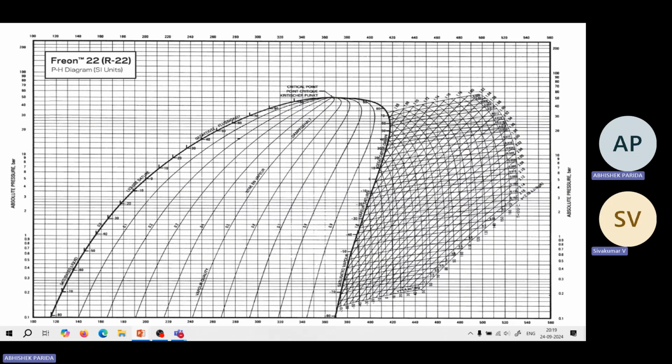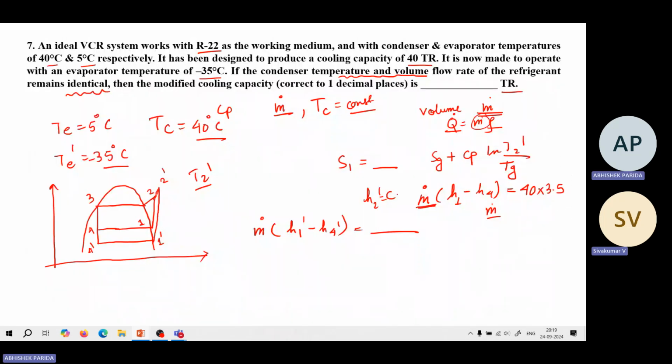Yes, sir. In the second approach, I have tried, sir. I assumed values taken from the internet. Then at last, for the second case, the desired effect is equal to 39.74 kilowatt. Kilowatt or TR?